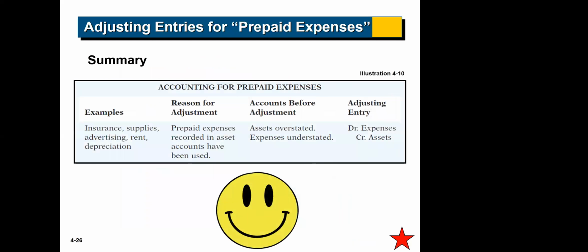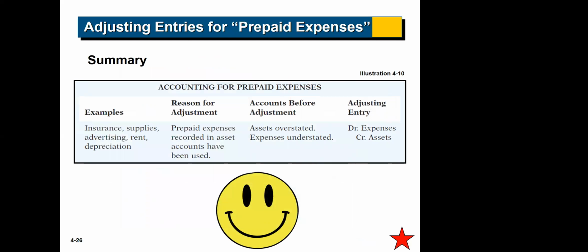Okay, so this next slide is in the book. I think this is a good example to have for your notes to remind you of what it is, because it shows you prepaid expenses, examples: insurance, supplies, advertising, rent, depreciation. It gives you the reason for the adjustment.